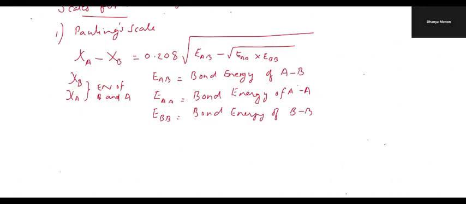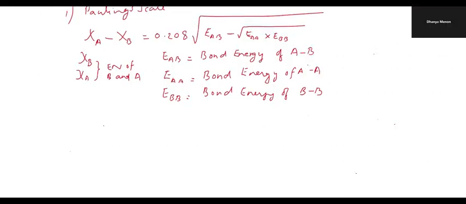When you substitute the values, whichever is greater, you can put the value first, chi A minus chi B. In this formula, the bond energy you should write in kilocalories per mole.